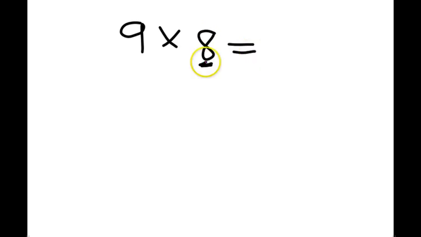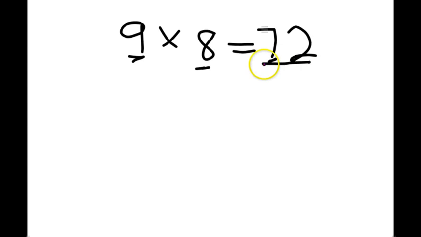So here, if I have 9 times, let's say, 8, to get the answer, I only subtract 1 from this and start with 7. Then the question is, 7 plus what will give me 9? And that is 2. And so 9 times 8 is 72. The same thing if I want to do the reverse by dividing here by 9, then I just add 1 to this particular 7, and I get the 8 back. That is why the principle works.